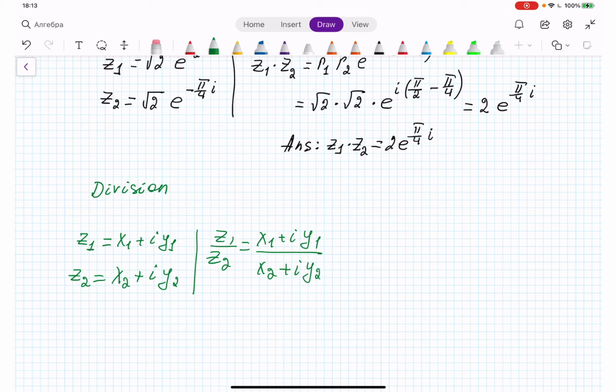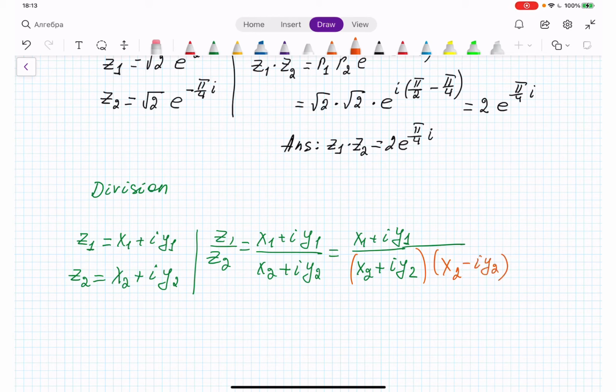In this case, we are going to use the denominator multiplied by its conjugate. So we have x1 plus i y1 over x2 plus i y2, and the conjugate is x2 minus i y2.